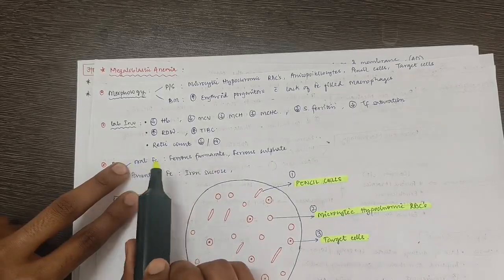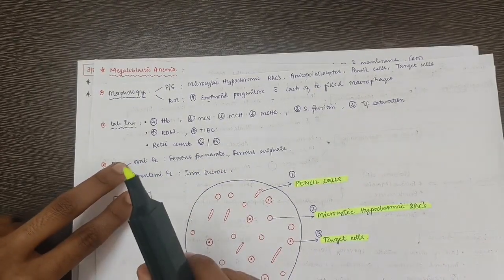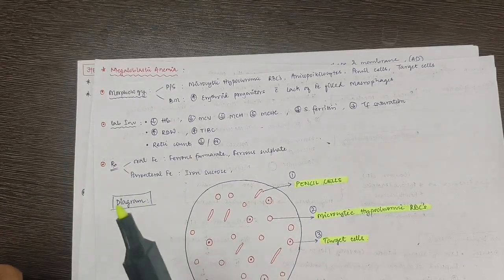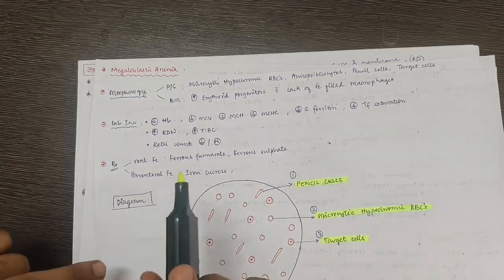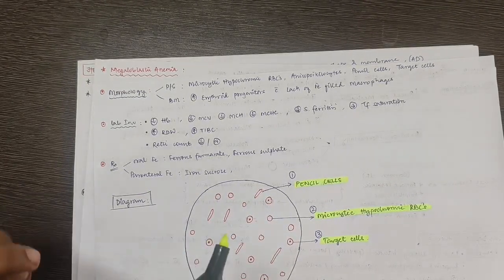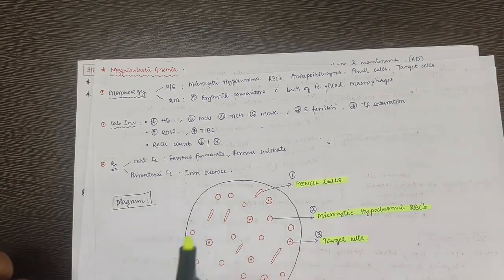Okay, retic count will be decreased or normal in untreated cases, not in treated cases. If it is treated, then you are going to see more retic because the patient is responding. Mainly retic count is done for detection of successful treatment, whether the treatment is working for the patient or not.